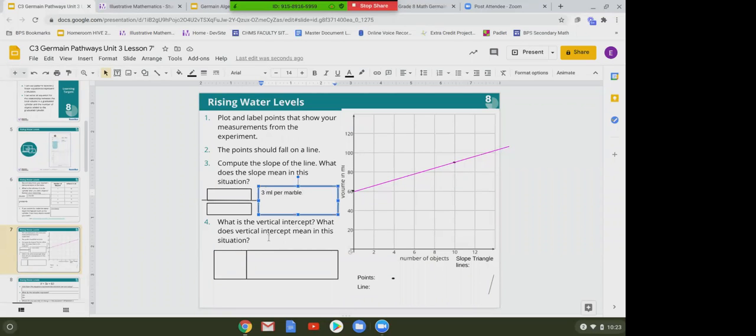Awesome job. And what is our vertical intercept? Where does this line hit our y or vertical axis? Nice job, Avery. Very good, Jane. That was really specific. I love that.